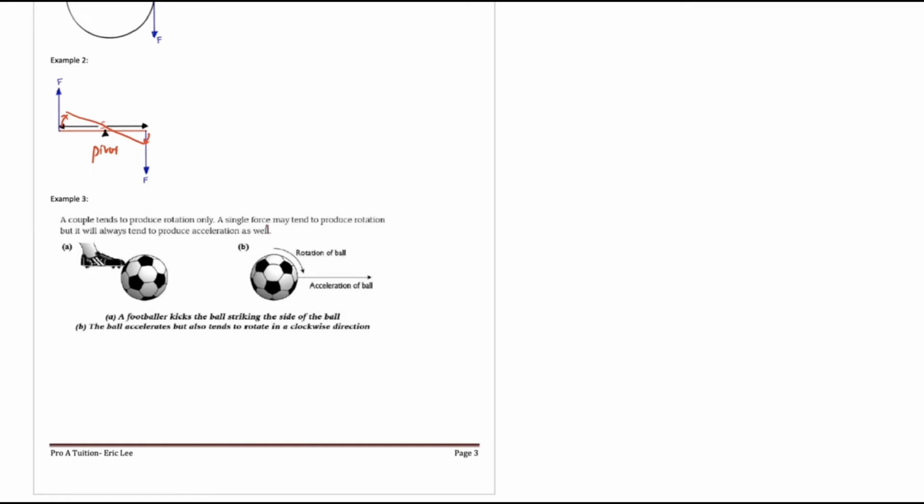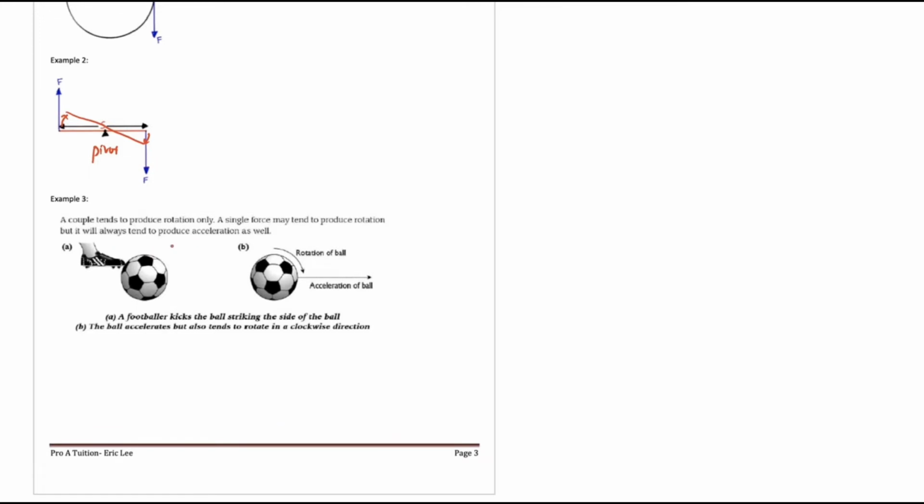So we are trying to compare a couple, which involves two forces, as compared to a single force. A single force from the leg, you kick the ball. That is a single force, not two forces, not a couple. A couple must have two forces.